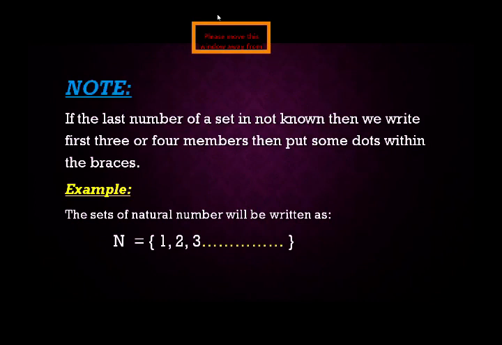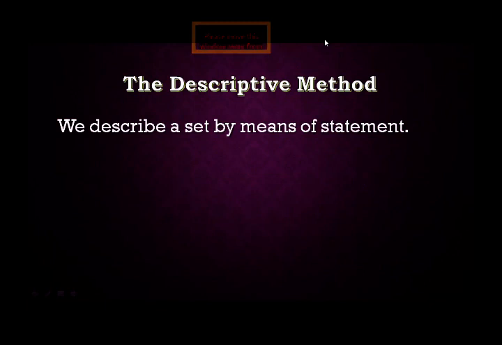Now, in the descriptive method, we describe a set by a statement. We use a form of sentence. We do not use any symbols, letters or numbers. We just describe a set using a statement.